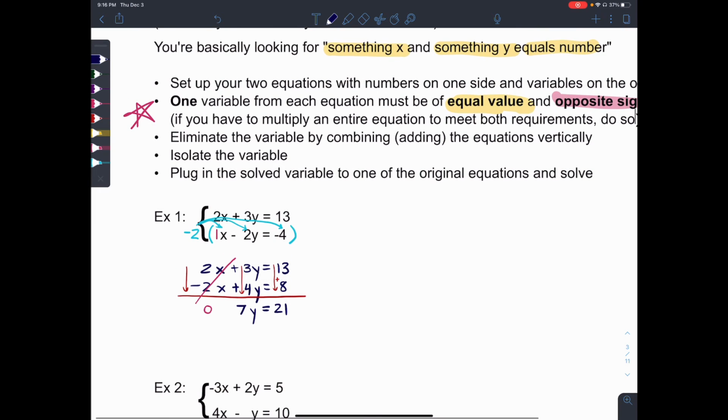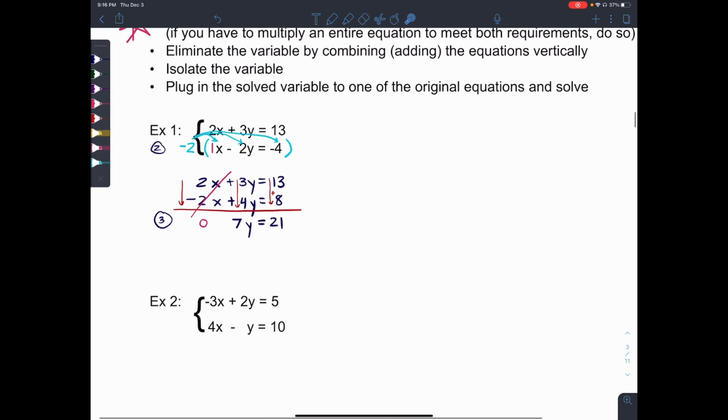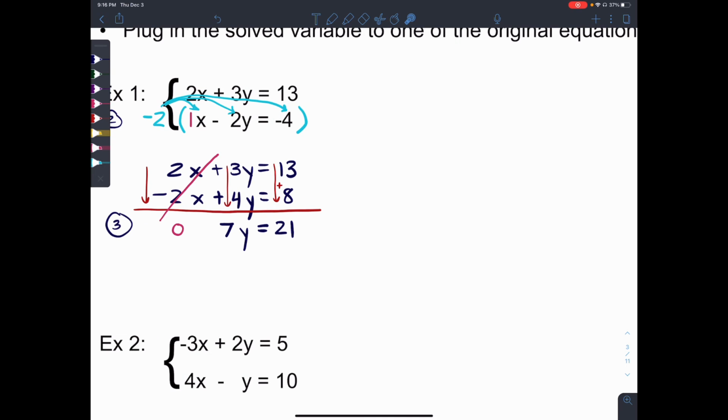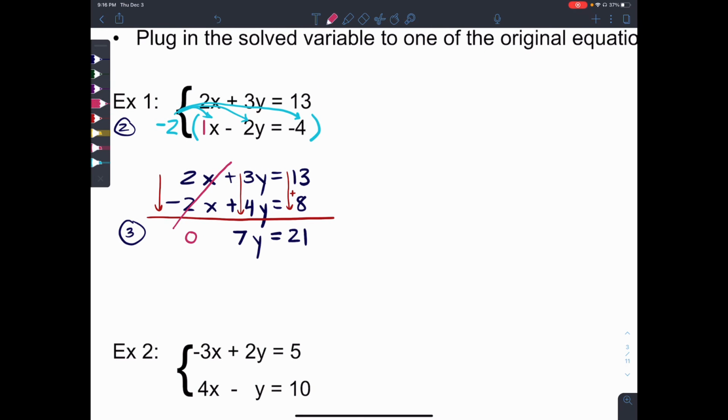So this was step 2, this is step 3. Now step 4, isolate the variable. So now we're left with 7y equals 21. We need to isolate that variable and figure out what y is. So y is equal to 3. We've done step 4.